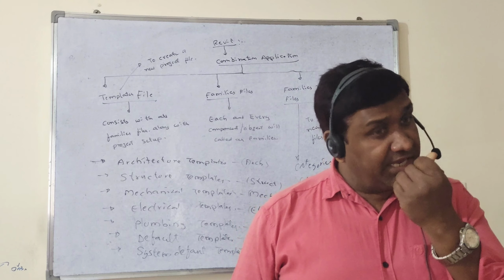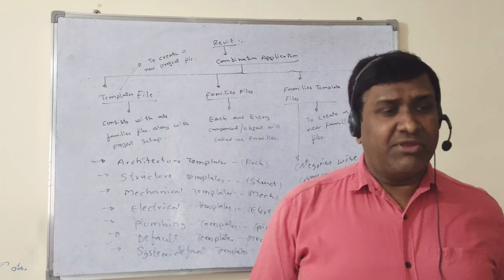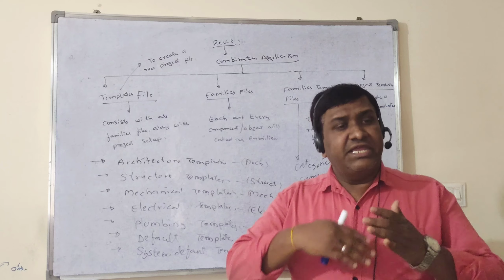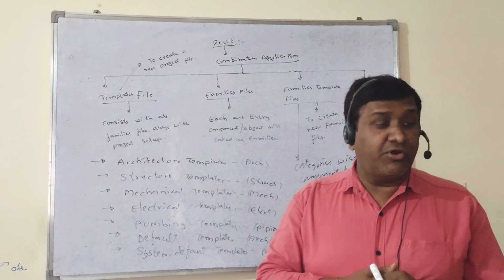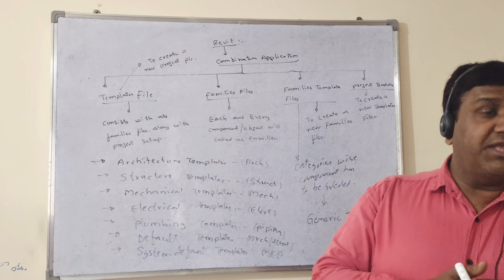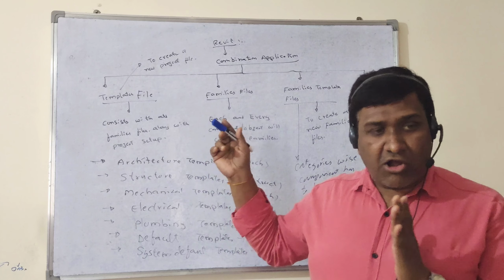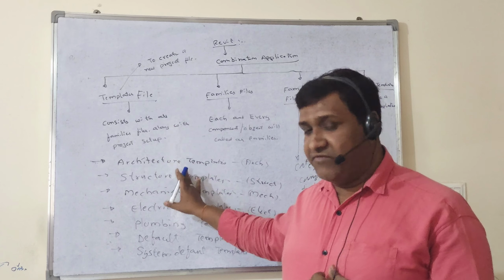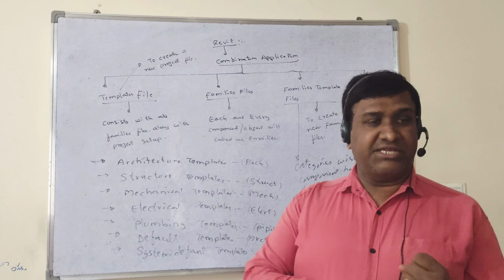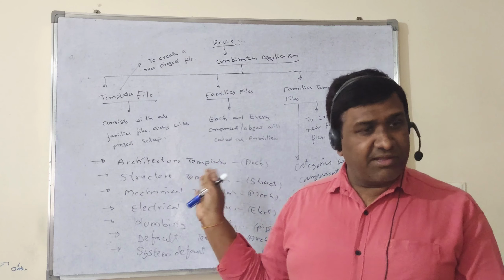Because some companies right now are creating a new template for their projects as per the requirement of the component. How is it happening? Autodesk has already given some templates like architecture, structure, mechanical, some default templates.